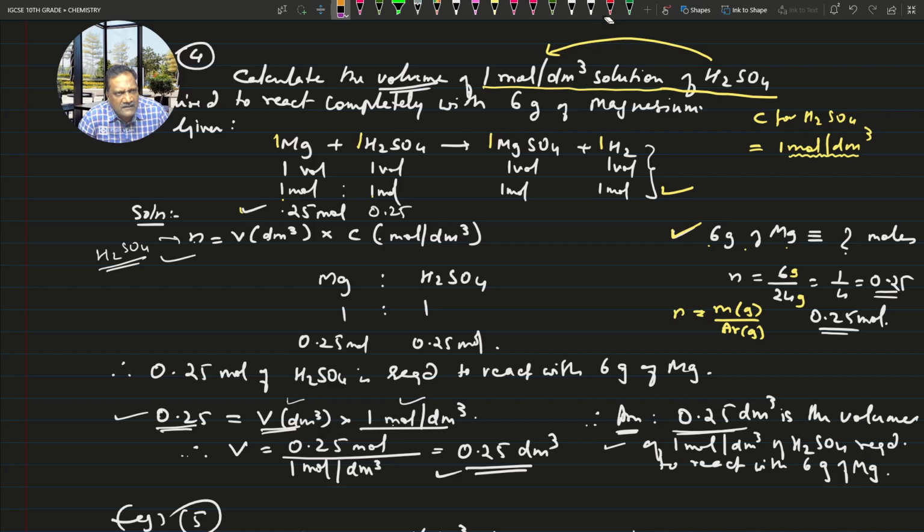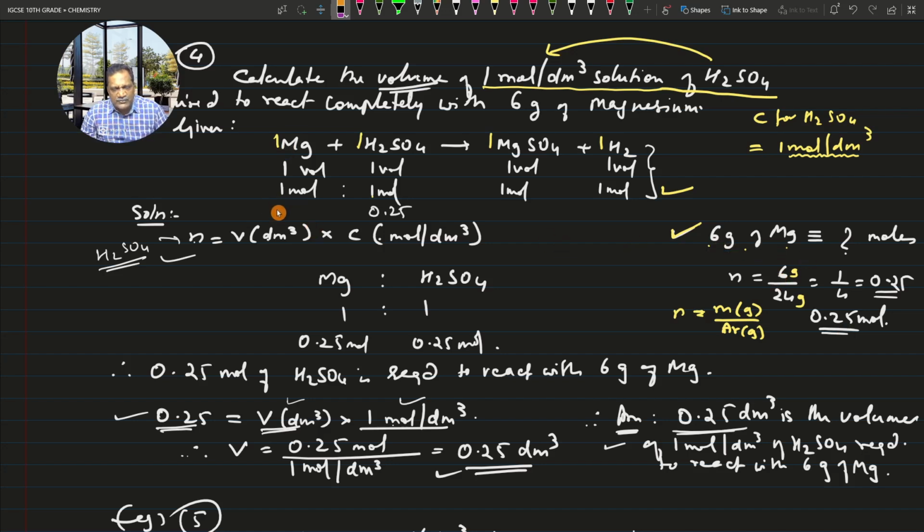It's not getting erased. Anyways, let it be like that. Okay, that's gone. So now 6 gram of magnesium I have converted into moles.